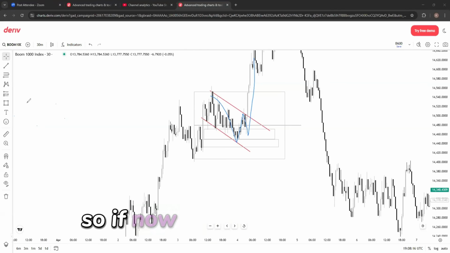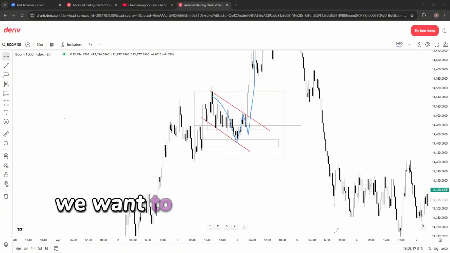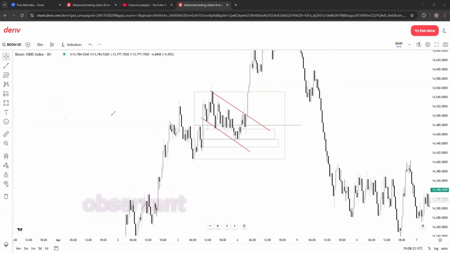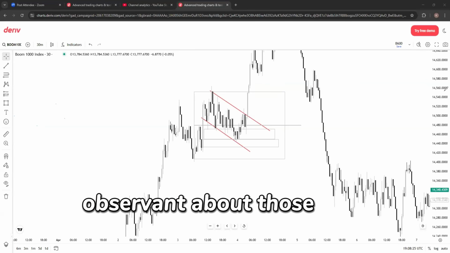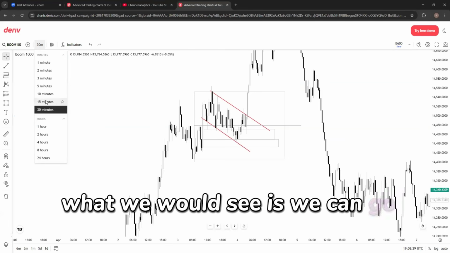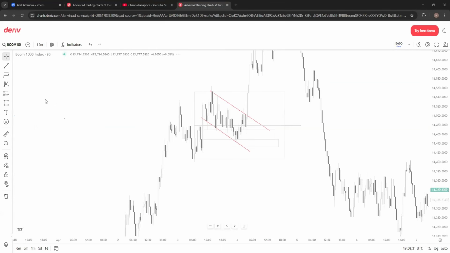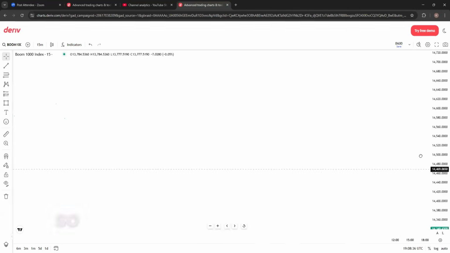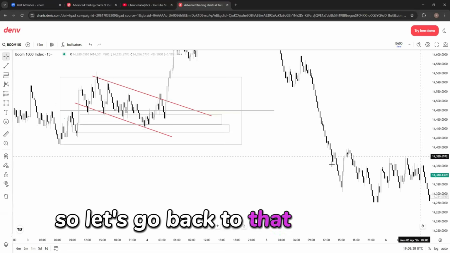So if now we want to be very straight to the dot and observant about those small details, we can go to our M15, which is where I just went. So let's go back to that price point.